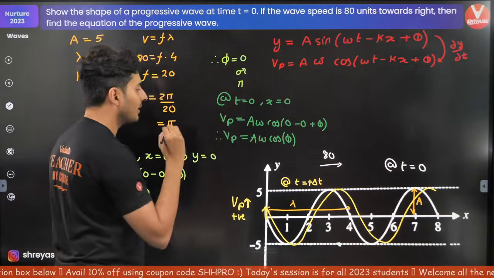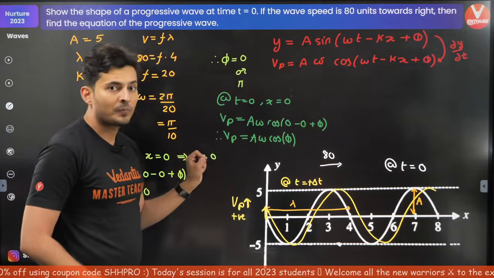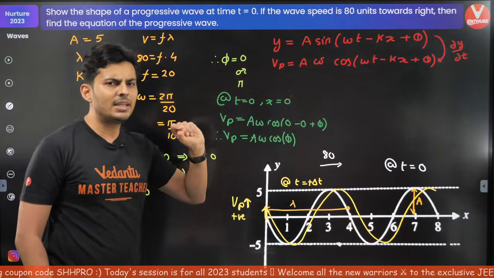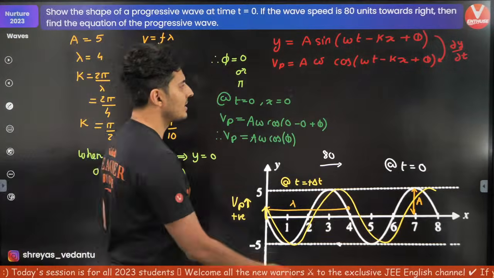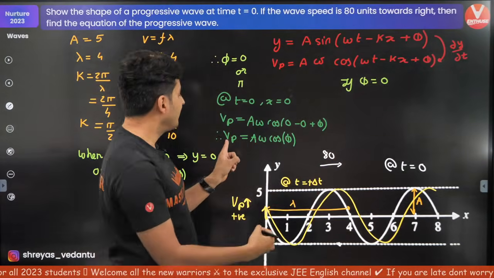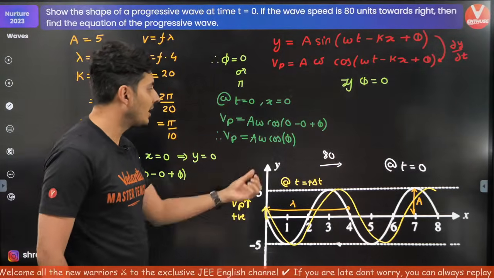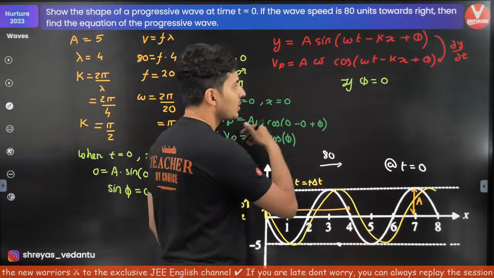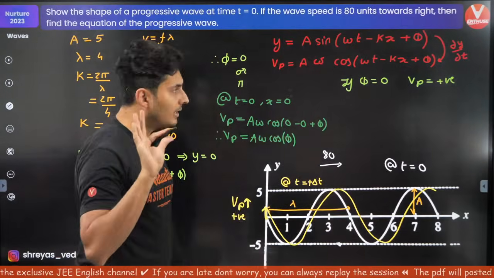Now try to think. If you choose the value of phi as 0, will the velocity be positive or negative? Because that's what is going to matter. Cos of 0 is 1. So Vp comes out to be positive. Fair enough.